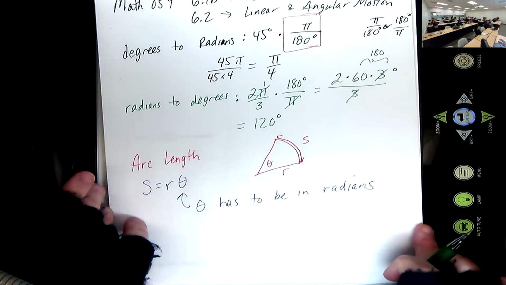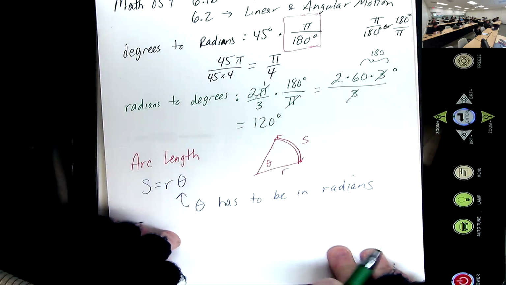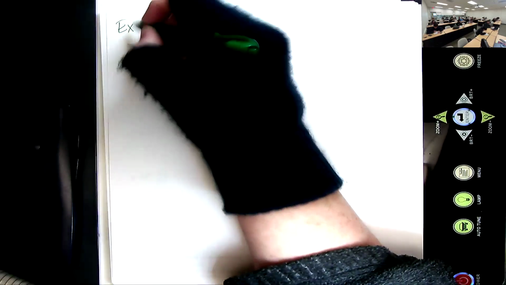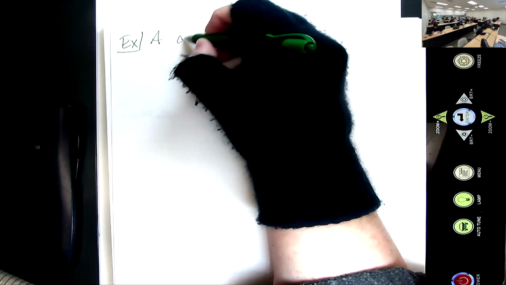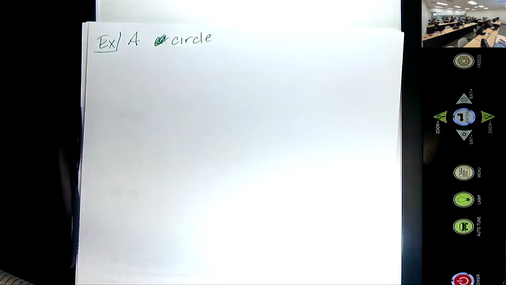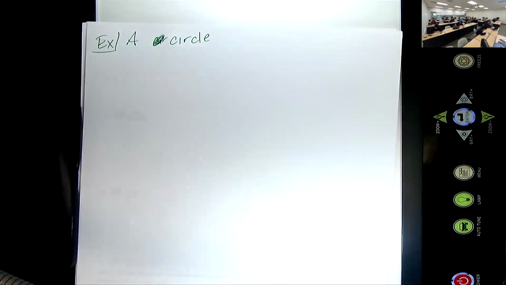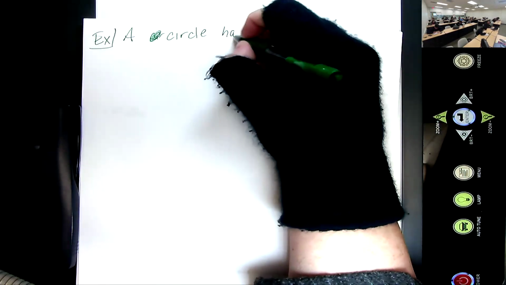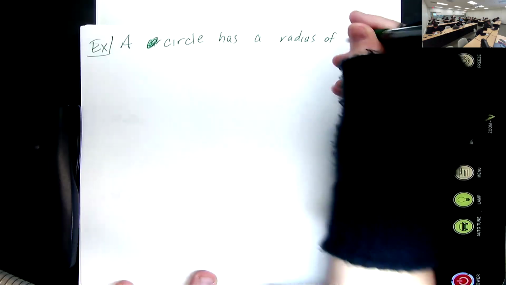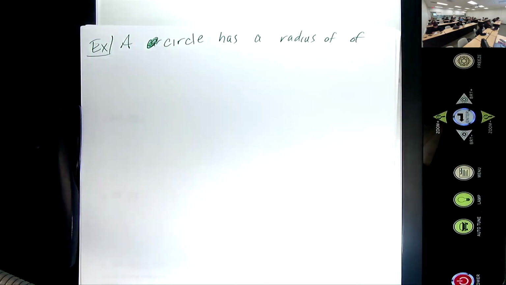Alright, you guys ready to do some problems that are related to this? So we're gonna say a circle has a radius. David, pick a number for me.